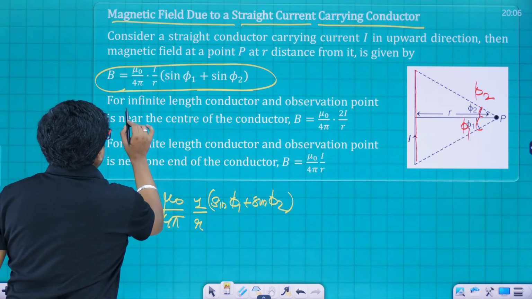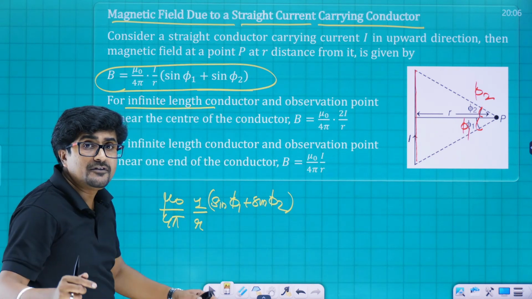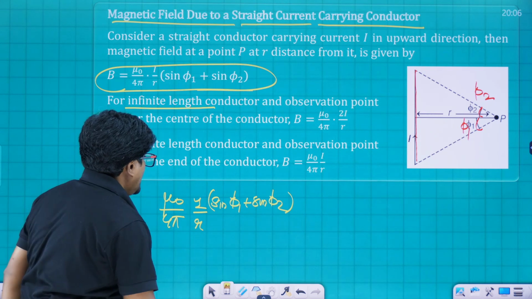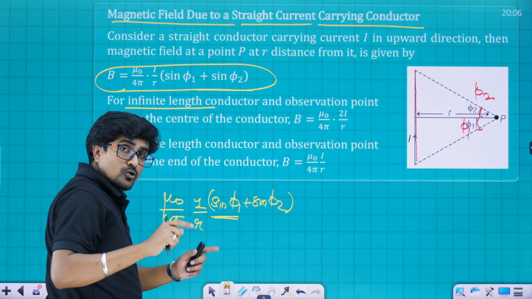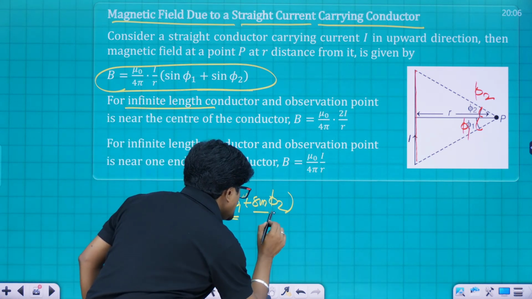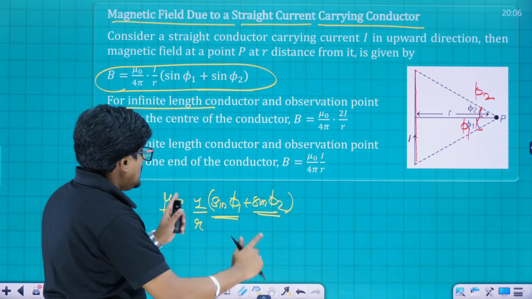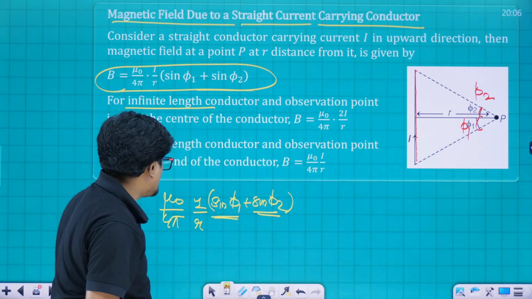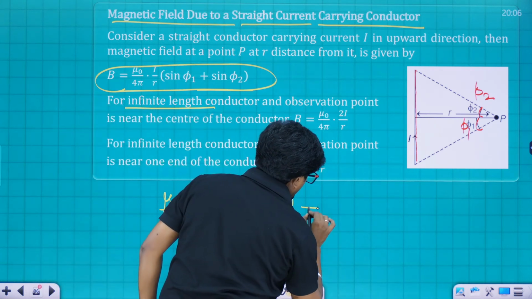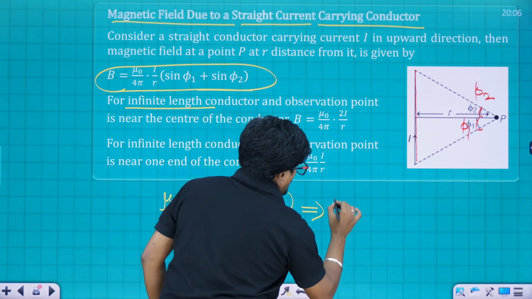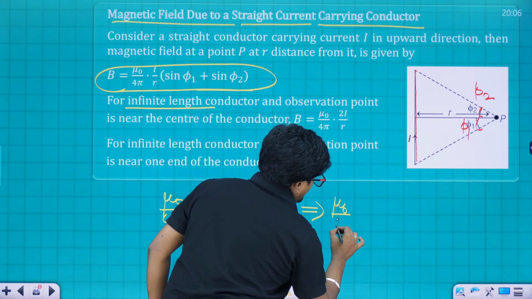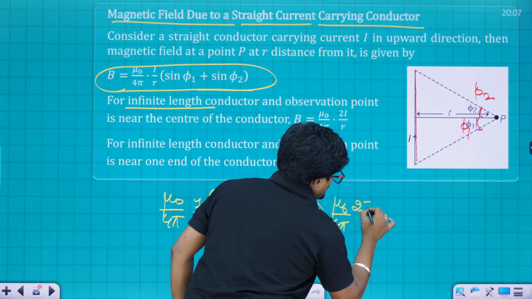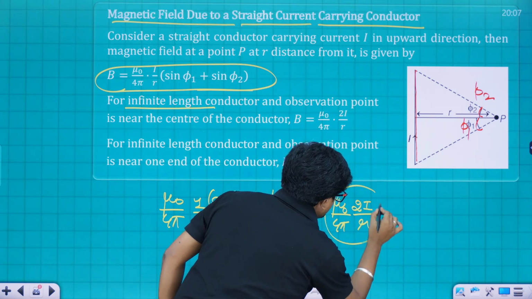Now if it is an infinitely long wire, here this is going to be sine 90, here this is also going to be sine 90. Sine 90 is 1, plus 1 is 2, so the same equation gets converted to mu naught divided by 4 pi into 2 times I by r.